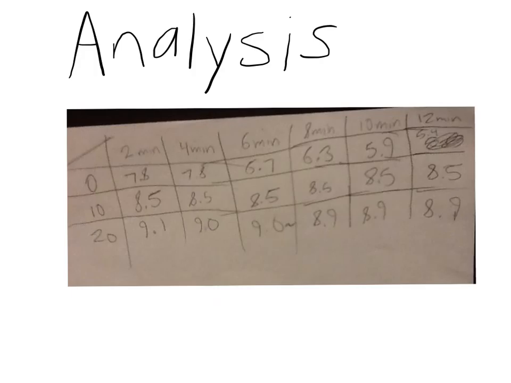And for the respirometer containing 10 milliliters of water, the rate of respiration remained at 8.5 throughout the entire time. For the respirometer containing 20 milliliters of water, the respiration rate was approximately 9.0.